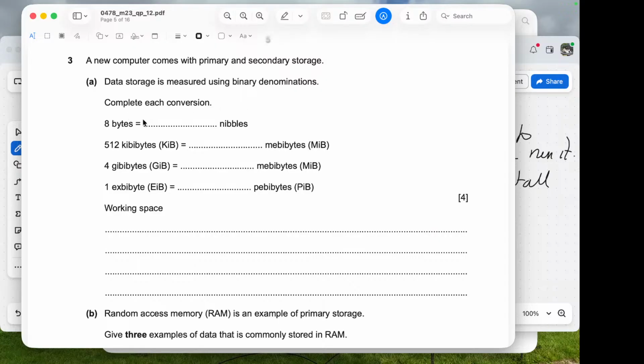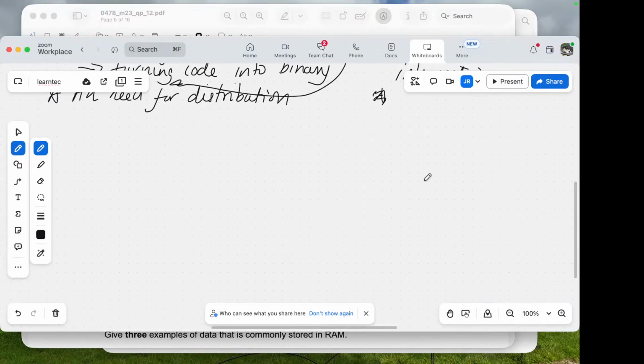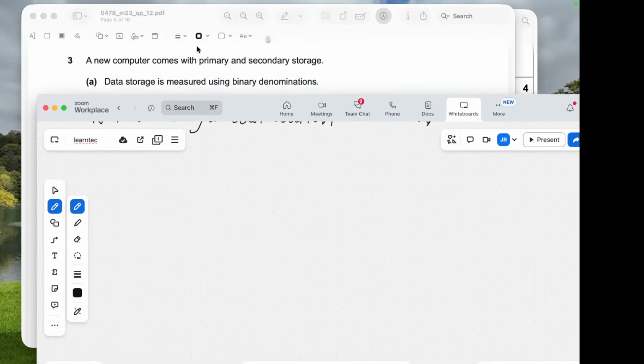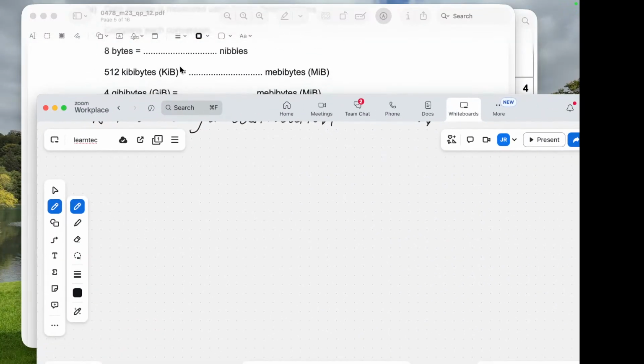All right, so basically for this, we need to think about the hierarchy of the different values. So obviously we've got bytes and nibbles, 8 bits are in a byte. That's fine. So if we've got 8 bytes, how many nibbles is that?